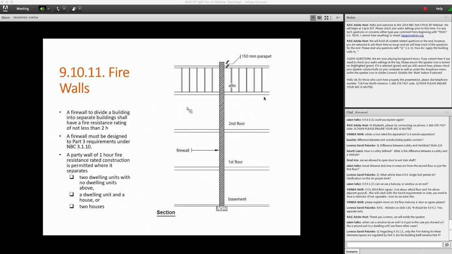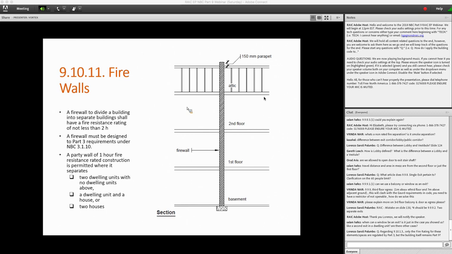A firewall to divide a building into separate buildings shall have a fire resistance rating of not less than 2 hours. The firewall is required to be designed to Part 3 of the code, under 3.1.10, where it discusses the construction of the firewall. For instance, it can be masonry, concrete, or any material that passes S101.